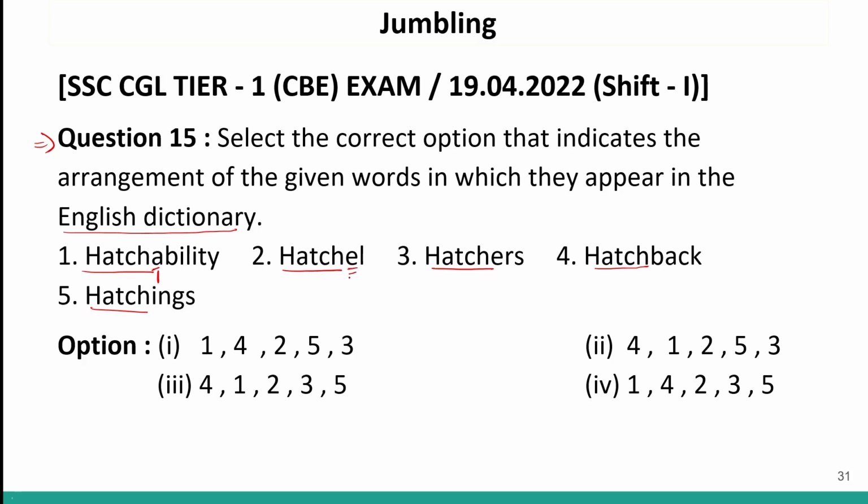After H we have E, which is 5. After H we have E, which is 5. After H we have B, which is 2. And after H over here we have I, which is 9. So between hatchel and hatchers, after E we have L, which is 12. And over here we have R, which is 18.